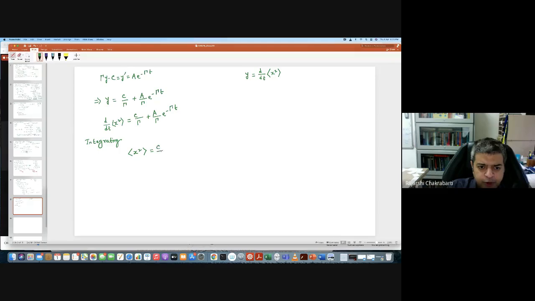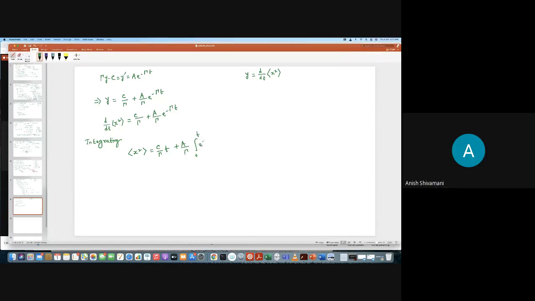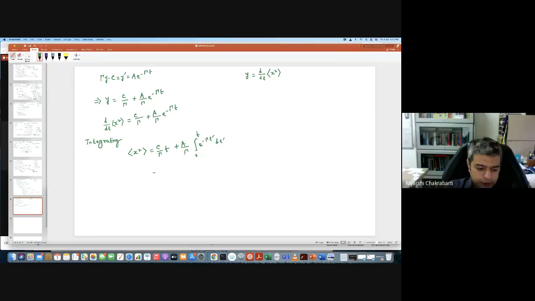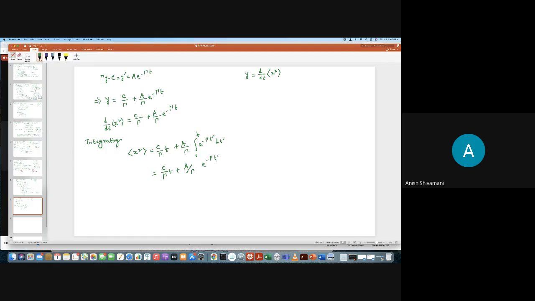Some time, from 0 to t. Plus a by gamma is constant, you take it outside. This one you will integrate from 0 to t. So what is the answer? You know, this is known as gamma, e to the minus gamma t by minus gamma.